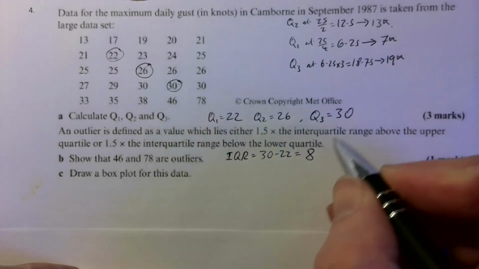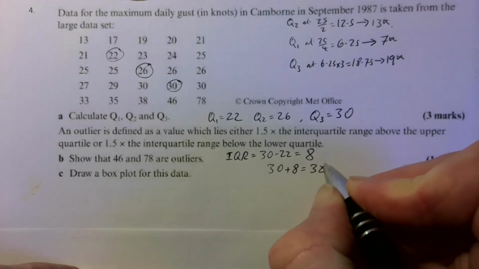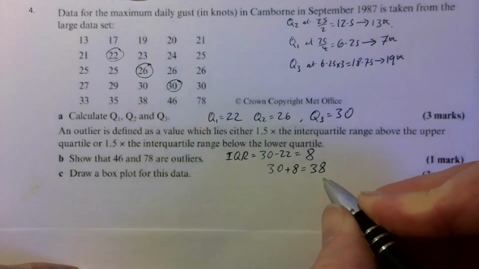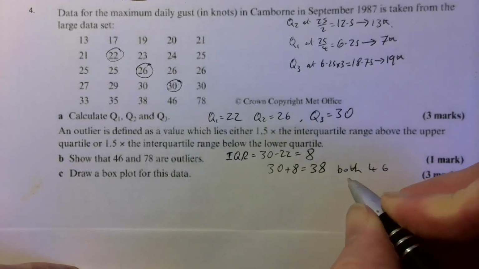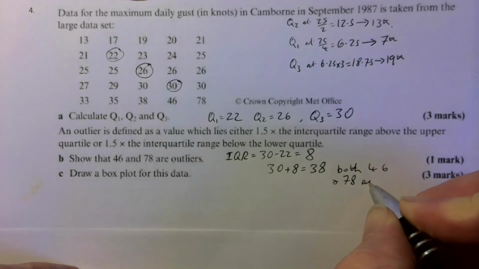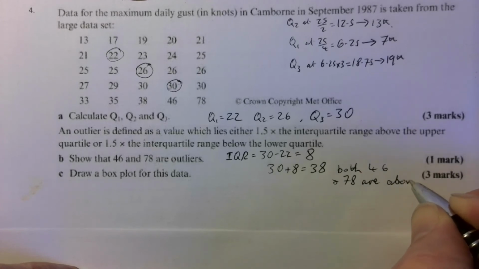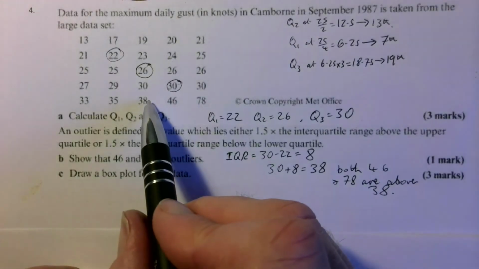So if you add 8, 30 add 8 equals 38, and then all you have to do is say both 46 and 78 are above 38, and that's that.